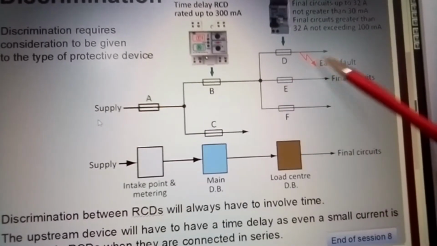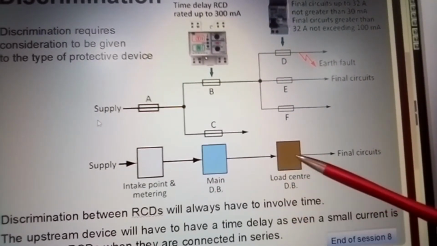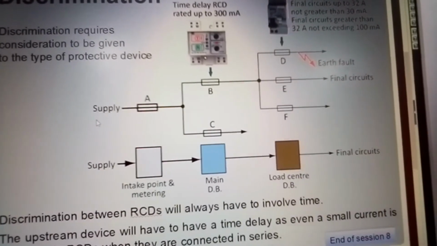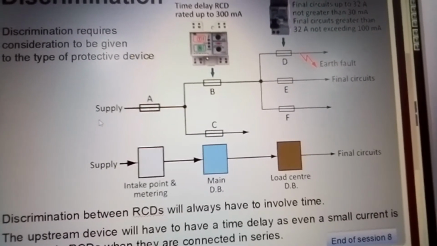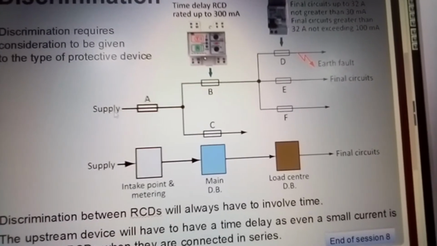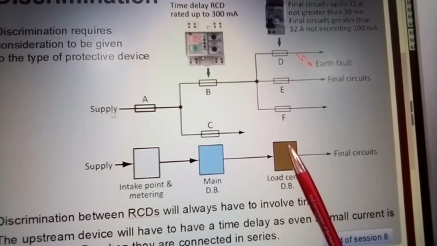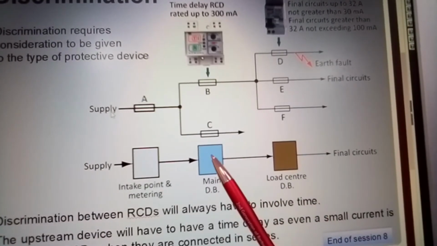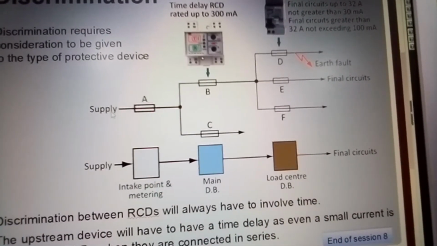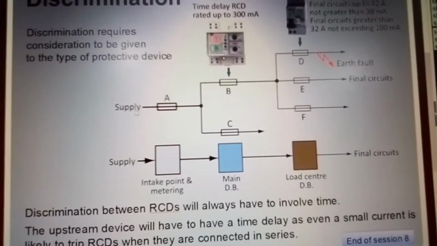I would call it a line diagram, and this would be your block diagram to represent this circuit here. So it means that if any problem occurs here, this fuse should blow before this, and this should blow before that. That's what it's trying to tell you here.